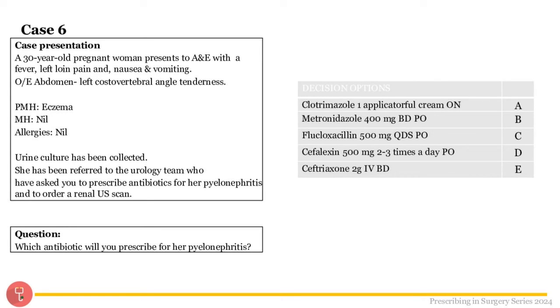So far, 60% of people going for D, cephalexin, 20% going for E, ceftriaxone, and 14% going for C, flucloxacillin.